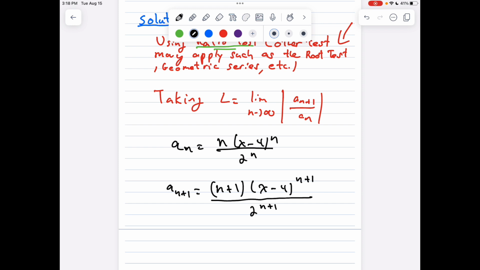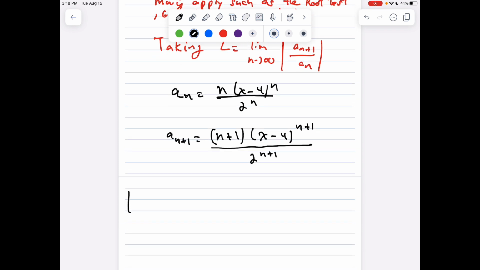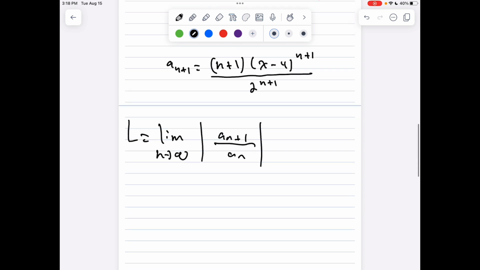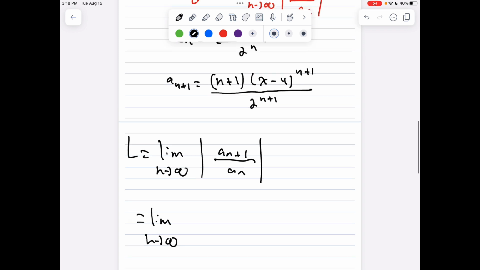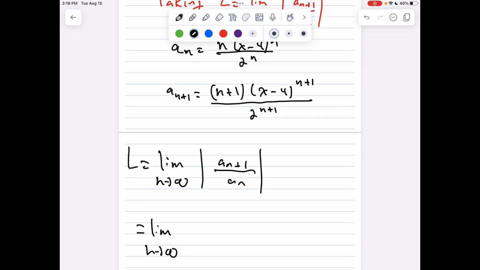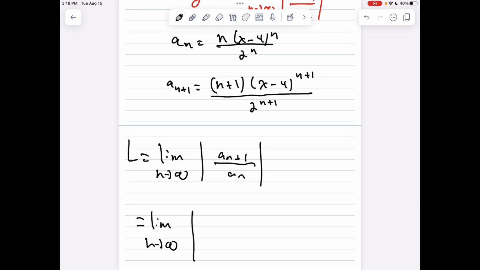Okay. And what we're going to do now is take this limit as n goes to infinity of this ratio of a_{n+1} over a_n, which would equal (n plus 1) times (x minus 4)^(n+1) all over 2^(n+1).